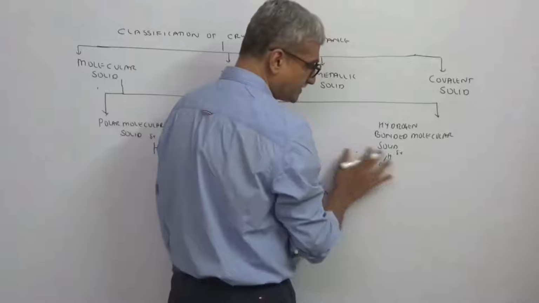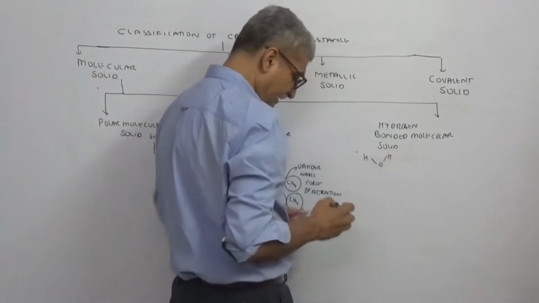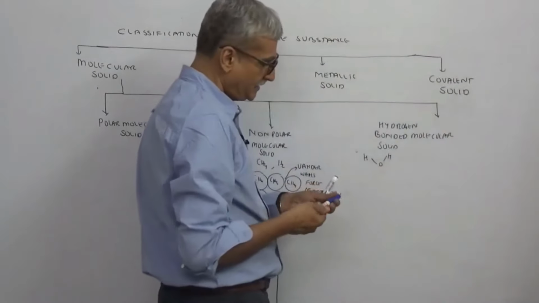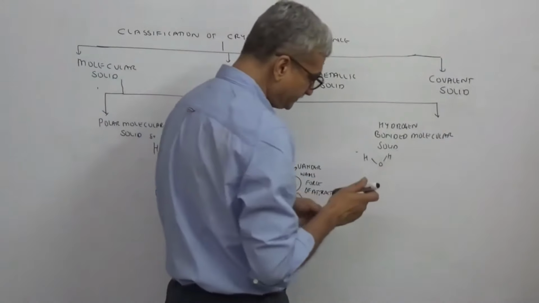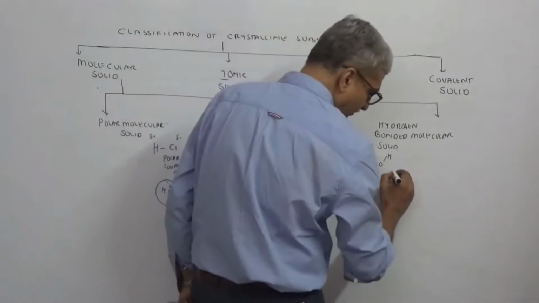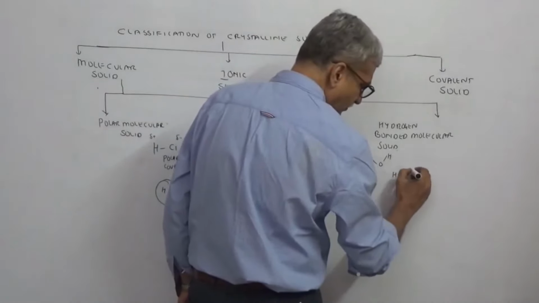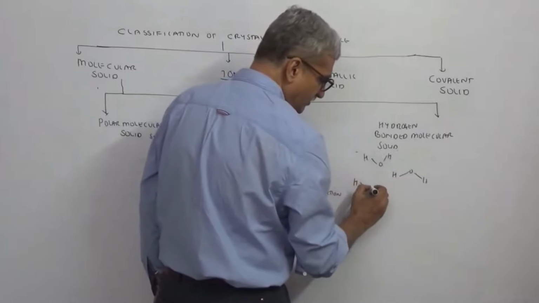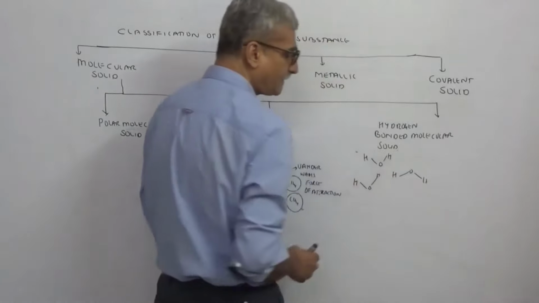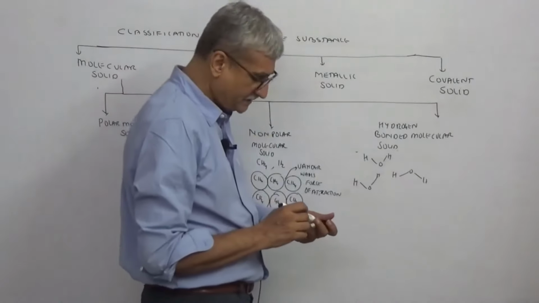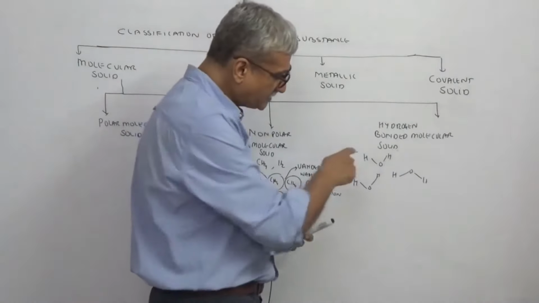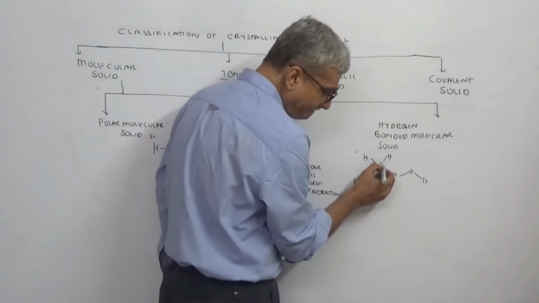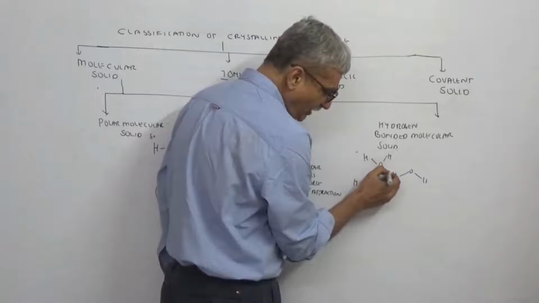See, you have one water molecule. You have another water molecule over here, H, O, H. You have another water molecule, H, O, H. So what is happening is, this oxygen is covalently bonded to two hydrogens, but it is also hydrogen bonded.